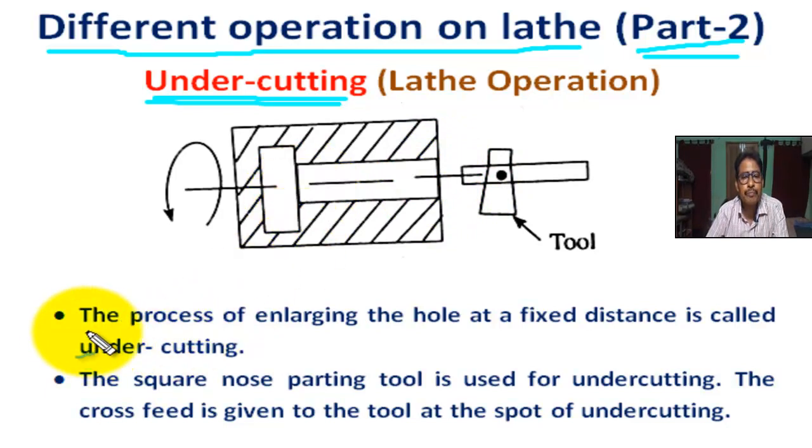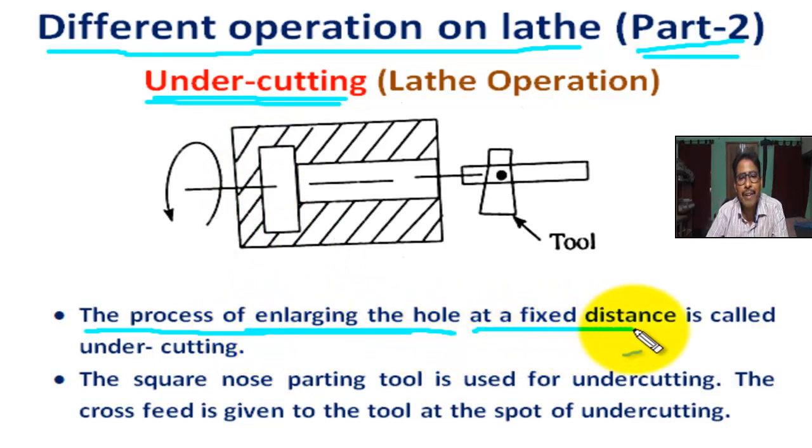This is the fixed distance. So the process of enlarging the hole at a fixed distance is called undercutting.